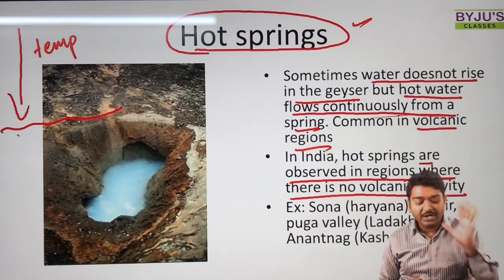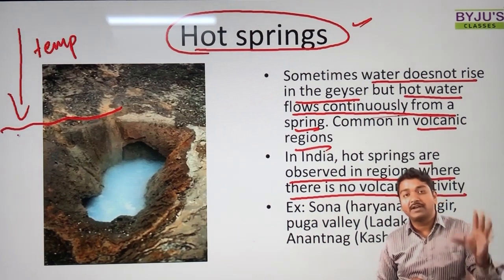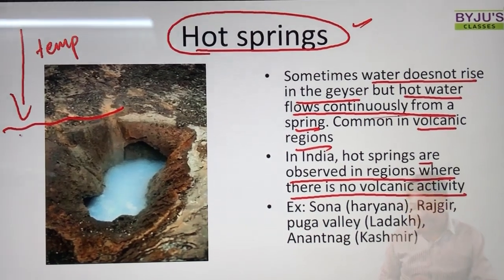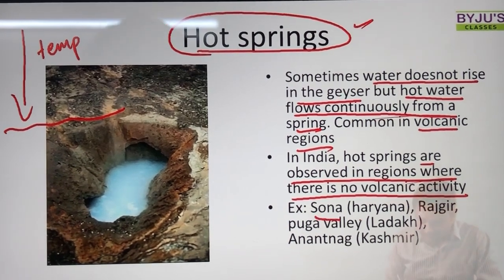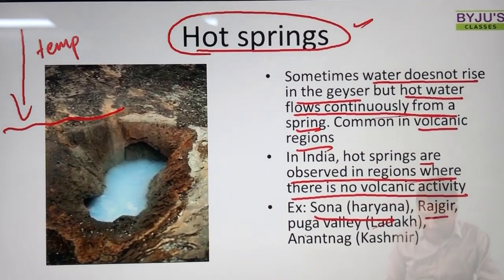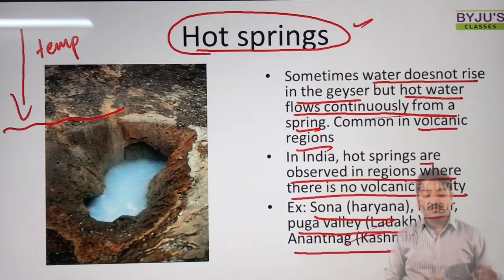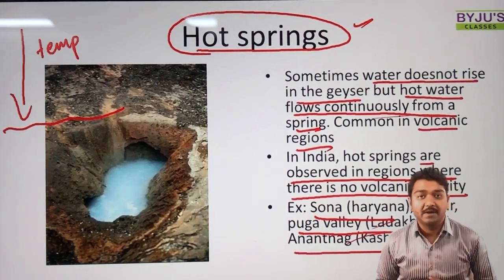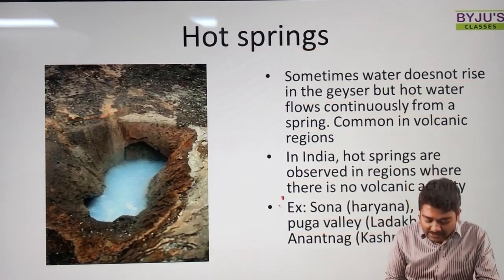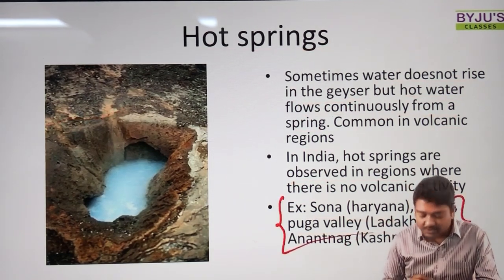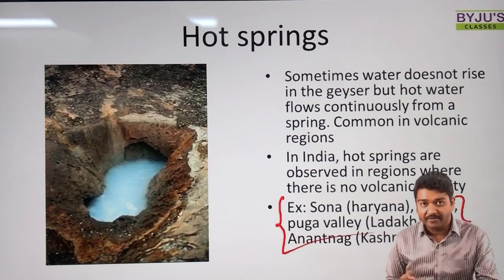Simple. So it need not be associated with volcanic eruptions alone. Fine. So in India, where all do we see them? In Sona, Haryana, Rajgir, Puga Valley, Ladakh, and Anantnag, Kashmir. So usually you see hot springs in these regions. UPSC may also ask map-based questions from this, so please be prepared with this.